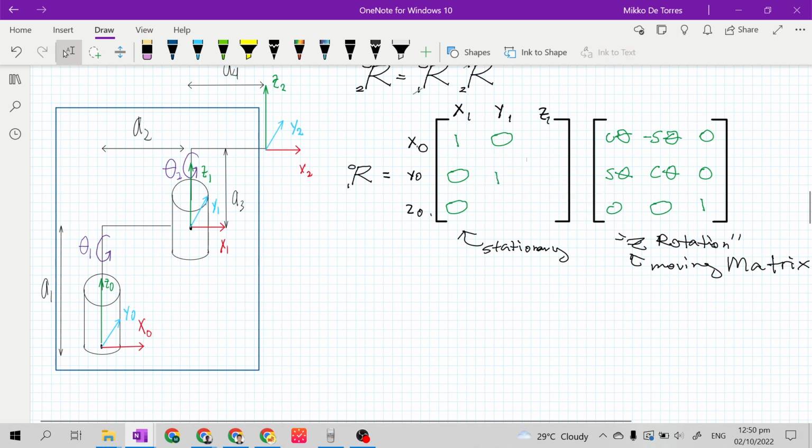Next, y sub 1 on z sub 0. y sub 1 is perpendicular with z sub 0, so this will be 0. Next, z sub 1 on x sub 0. x sub 1 and x sub 0 are perpendicular with each other, so this is 0. Z sub 1 on y sub 0.